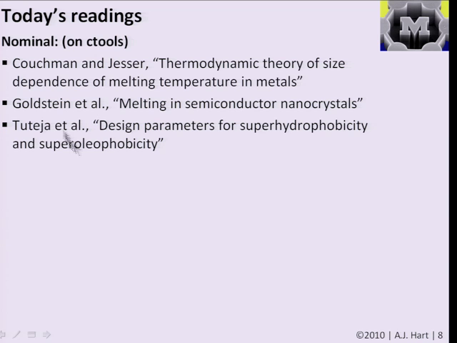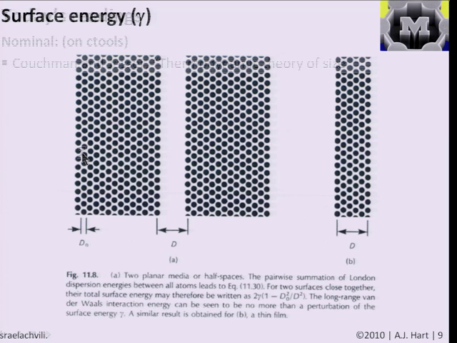And then there's a paper by Tuteja that talks about designing of surfaces for superhydrophobicity and superoleophobicity, so surfaces that repel water and surfaces that repel oil, which has been a recent innovation of this group's work in that it's typically harder to get surfaces to repel oil than repel water because oils have lower surface energies. And we'll learn why that's true at the end of the lecture today.